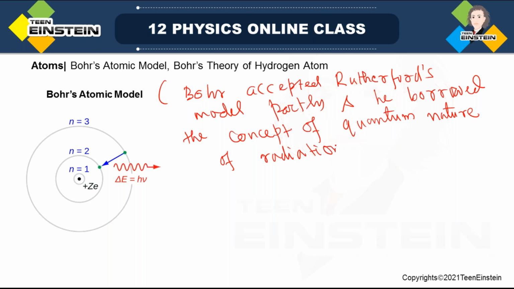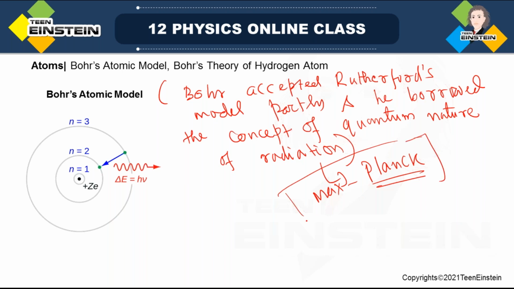In other words, we can say quantum concept of radiation. This quantum concept of radiation was given by Max Planck. When he could not explain the spectrum of black body radiation, he postulated this. What is that?